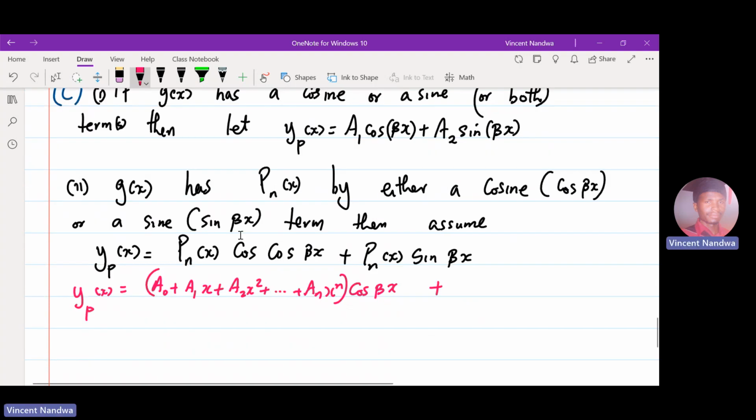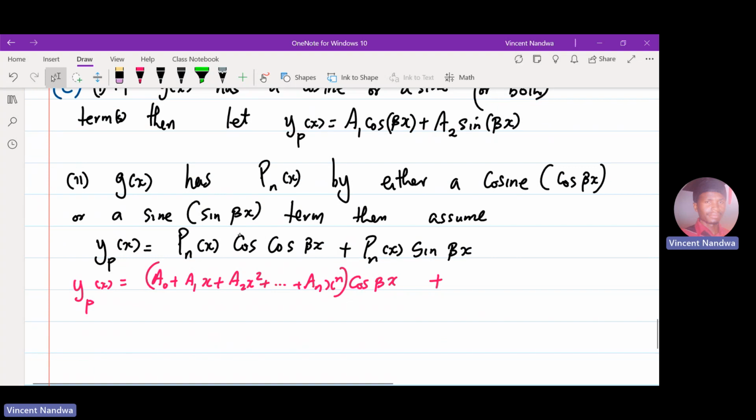But then the way we are writing this other thing, the coefficients will be different. So b0 plus b1x plus b2x squared plus bn x power n, sine of beta x. So remember, once you see a sine or a cosine on the right hand side, whether one sine or one cosine, the final form of the particular solution will be a linear combination of both sine and cosine.